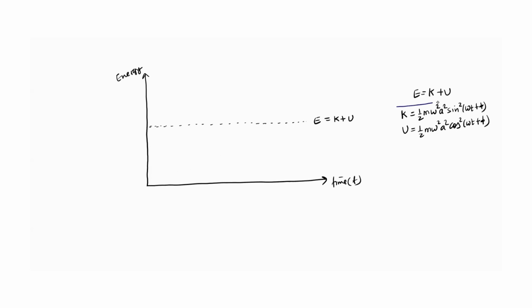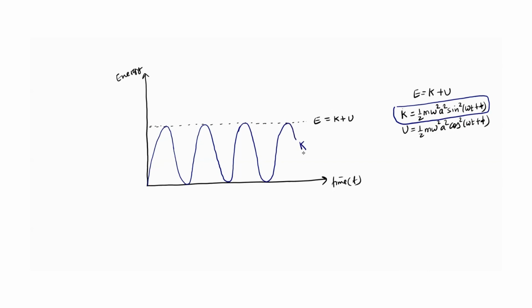We have sine square in kinetic energy, so keep in mind. And since we have a square, we don't get a negative cycle, keep in mind. So this is kinetic energy.